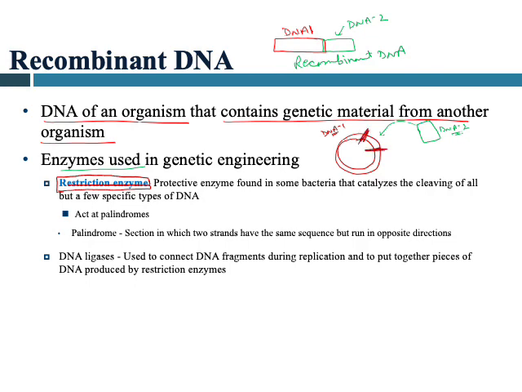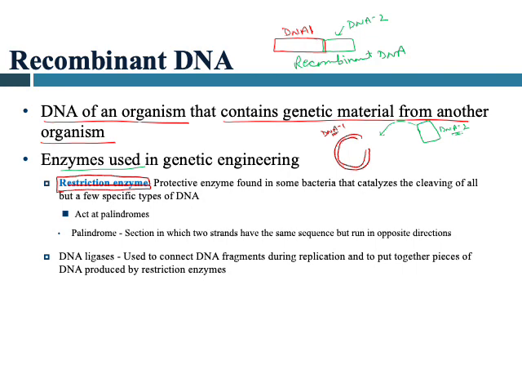Once they cut using a restriction enzyme, you will get this kind of DNA with a space provided, because the region of DNA that has been cut by the restriction enzyme is removed.